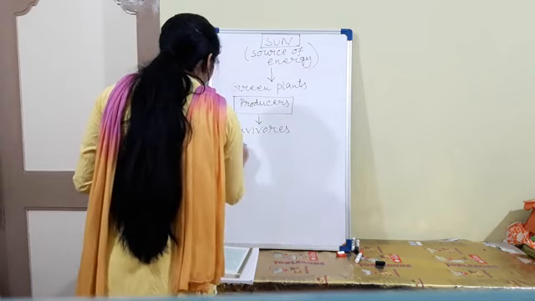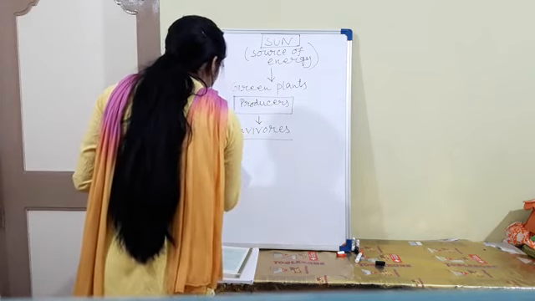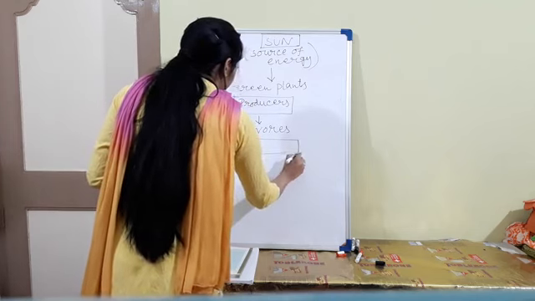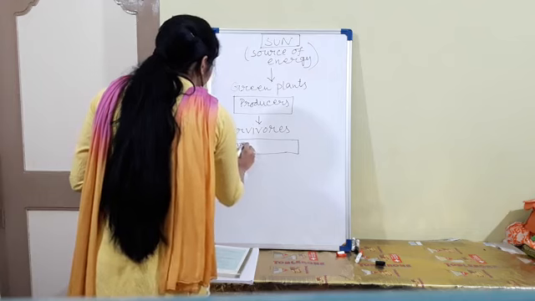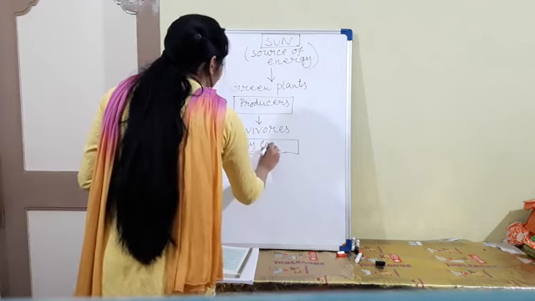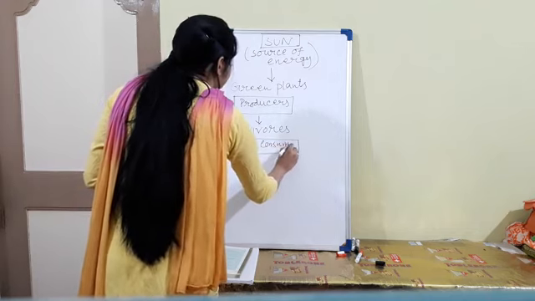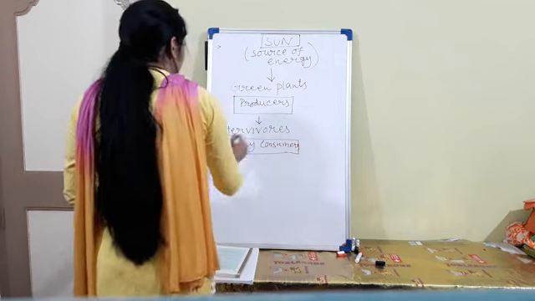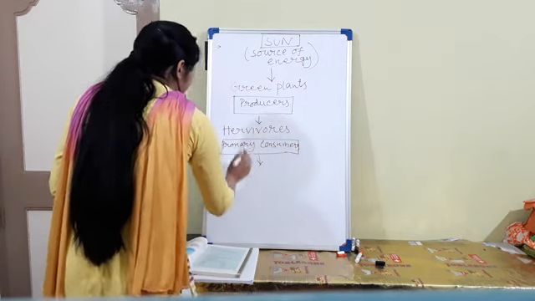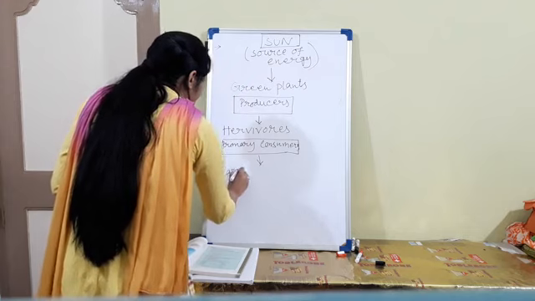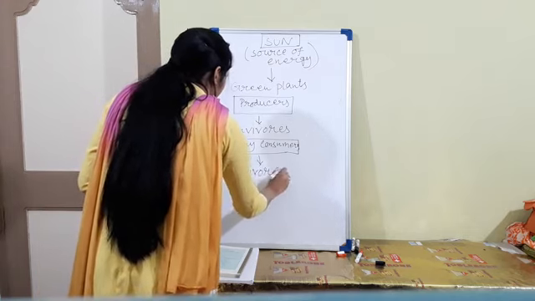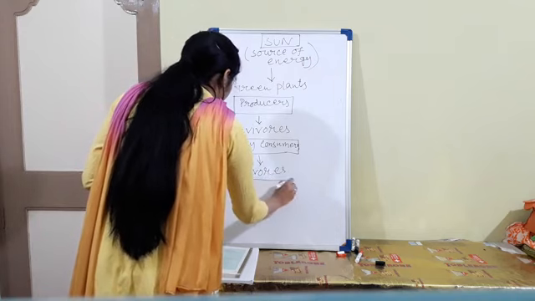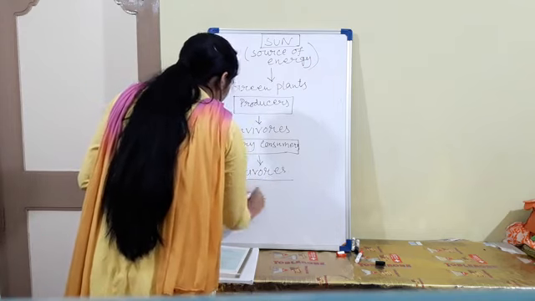They are primary consumers because they directly take the plant as their food. Primary consumer. Consumer means they take or consume their food. Next come carnivores, that is secondary consumers.